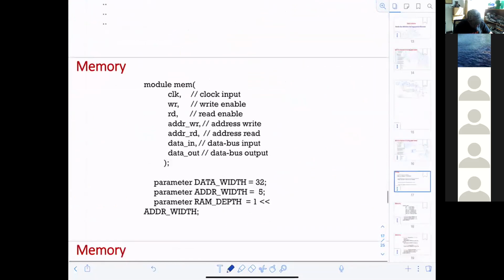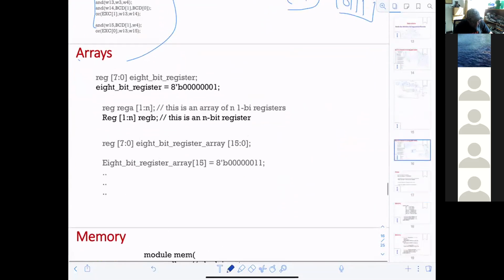Now, I'm going to tell you the story of the memory. In the first lecture, I was telling you about data formats, and there's something called wire, and there's something called reg. Everybody agree? Now we came to a conclusion.